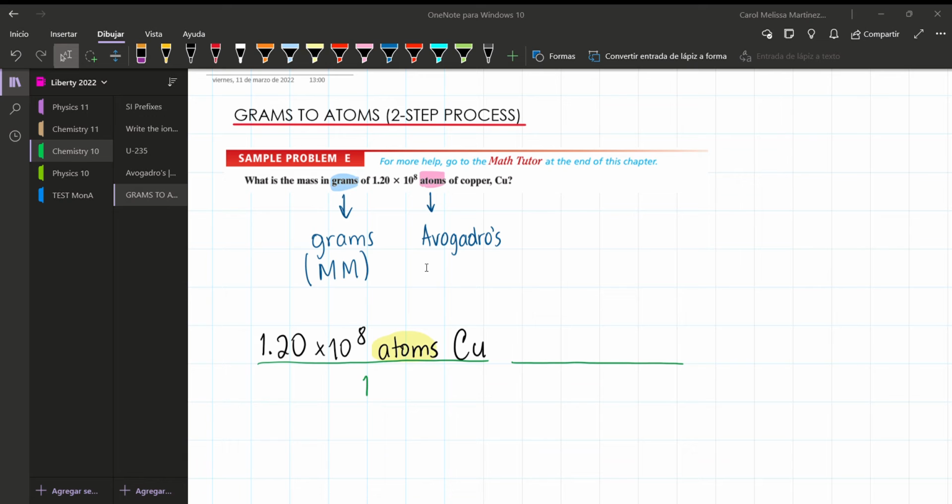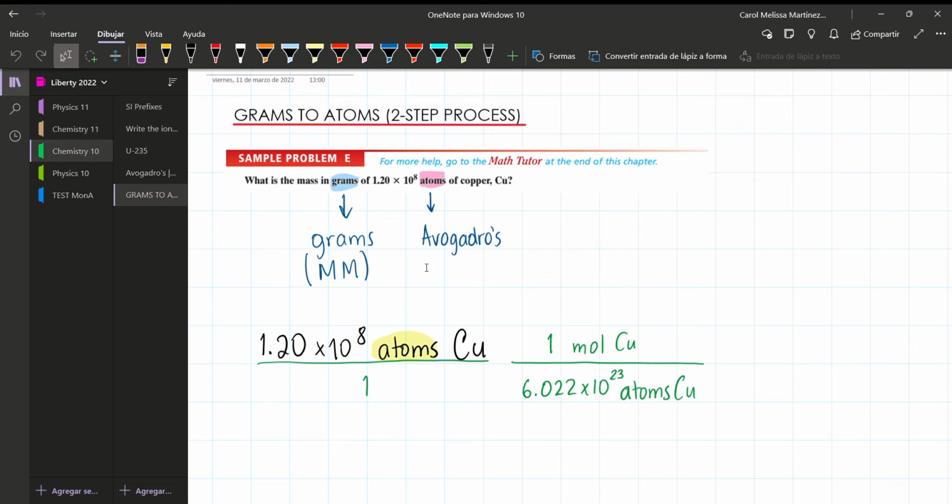So we're going to start by writing atoms of Cu in the bottom. And what number goes next to atoms? 6.022 times 10 to the 23 atoms of copper in 1 mole of copper.